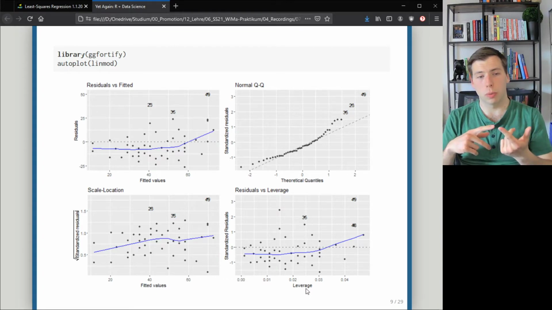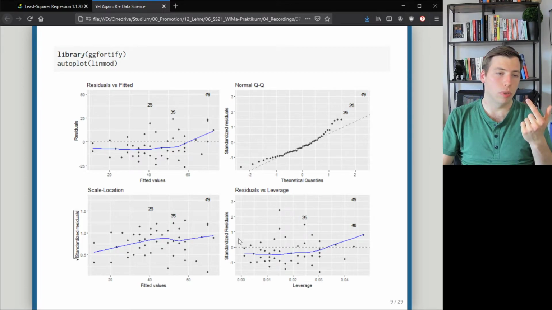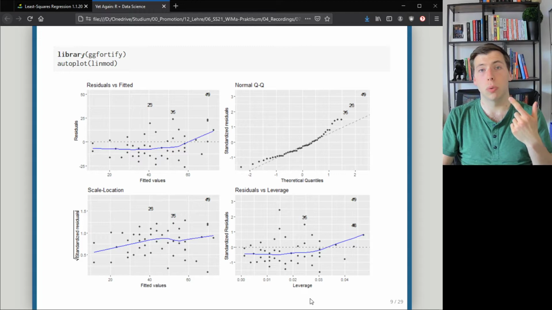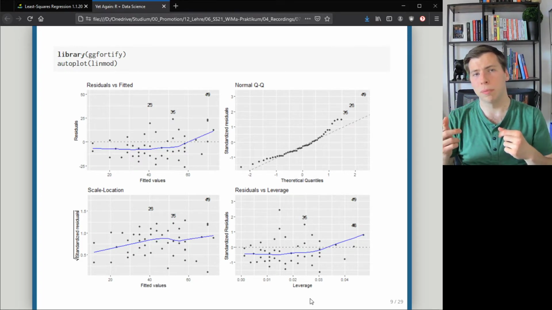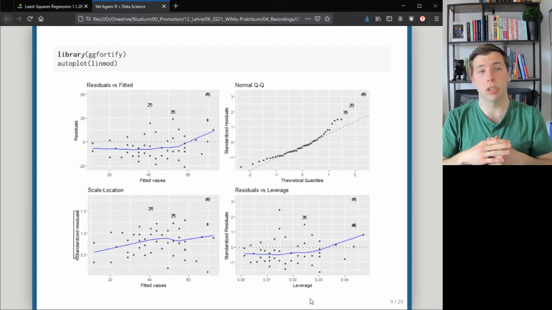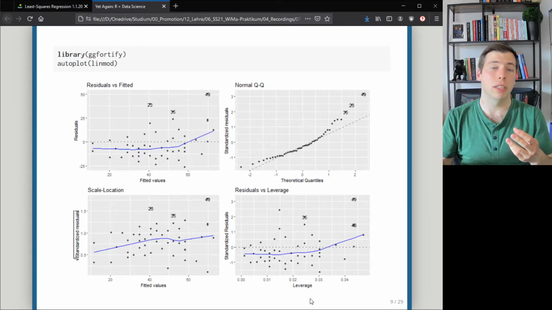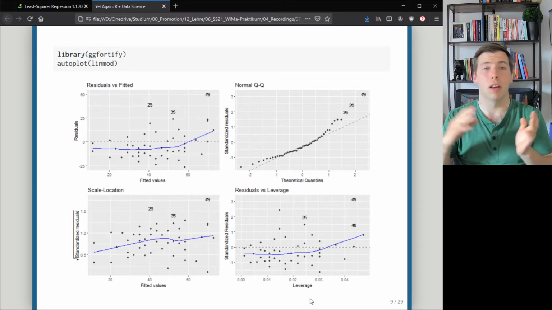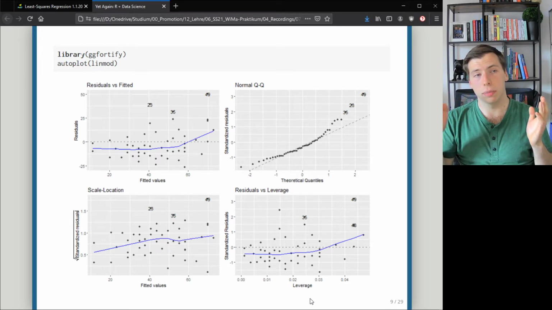Let's talk about what each is. We don't really need to understand the formula behind the standardized residuals or the leverage. What we really need to understand is what they mean. If a standardized residual is really large, it means that my predicted value deviates a lot from my observed value for a specific observation.